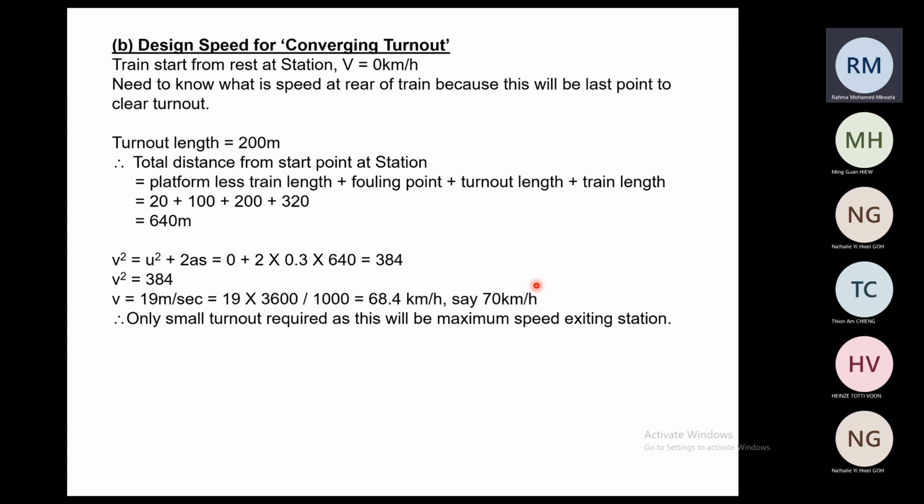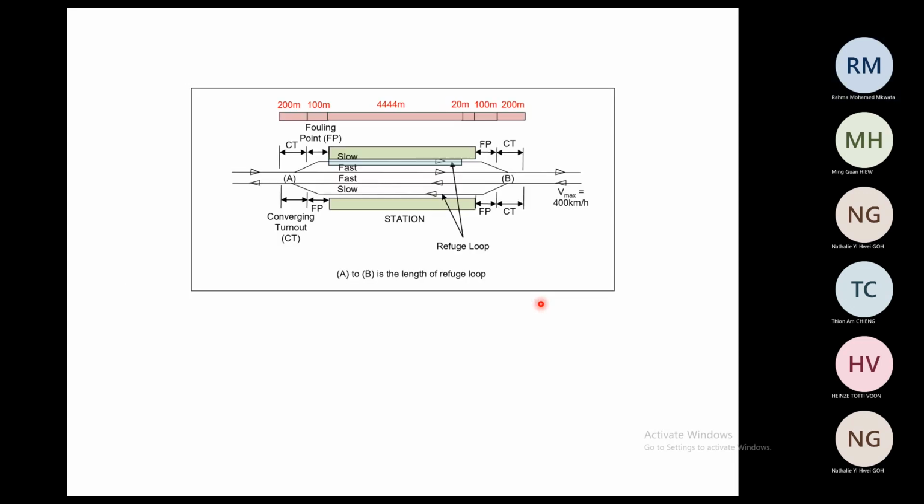So your turnout radius cannot be very big. Earlier on, the entry turnout here will have to be designed with a larger radius because the entry speed we are given was 240. It was very high. But now when it enters the platform and leaves, we just need 70 kilometers per hour. So you can actually design a smaller curve radius because it's only catering for a small speed of just 70 kilometers per hour.